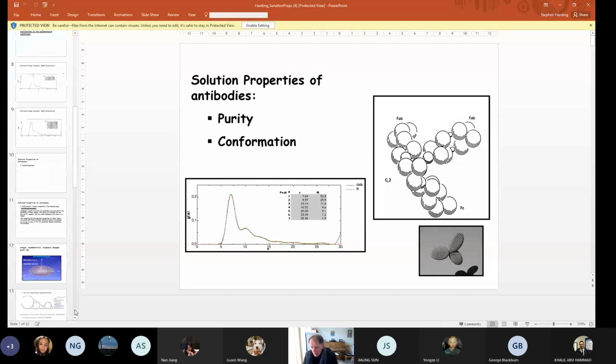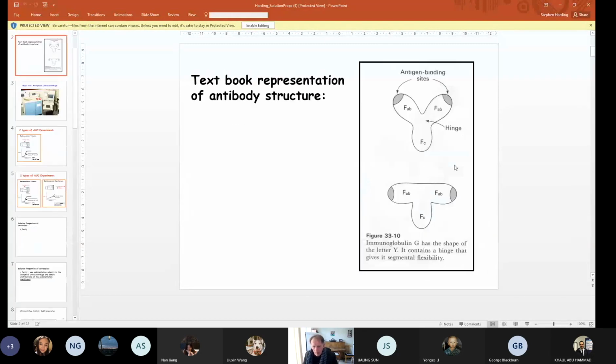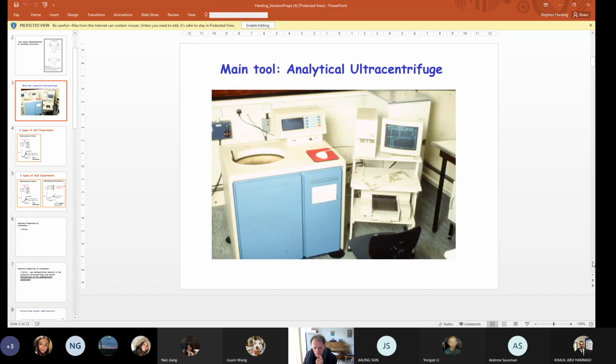And to get round this perception that antibodies are T or Y-shaped structures, which is useful in terms of a 2D representation, but doesn't reflect what the conformations are in nature, the technique we're going to focus on is this technique or instrument called an analytical ultracentrifuge.